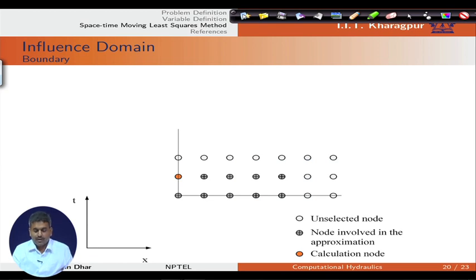It may be a banded matrix or a skewed one, or not a full matrix, because multiple points will be unselected nodes, so we need not consider the influence of those points. With this we can start the approximation and solve the problem using mesh free.